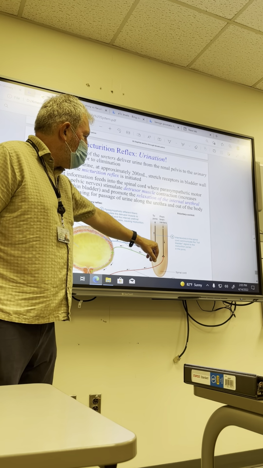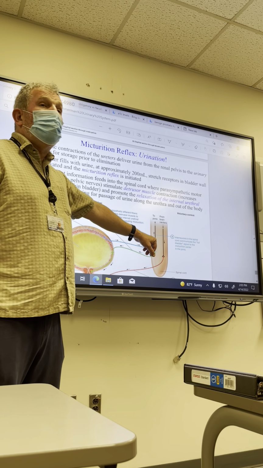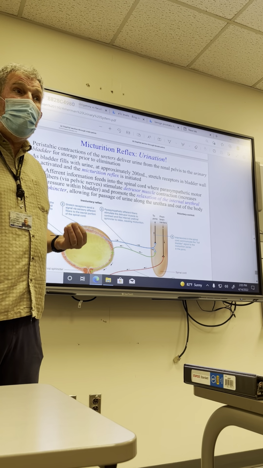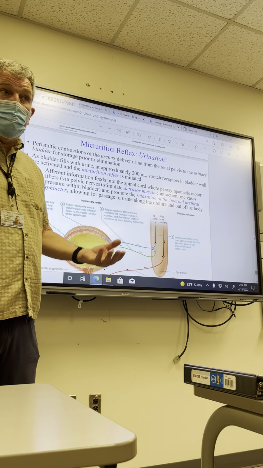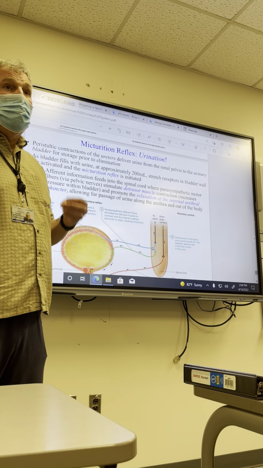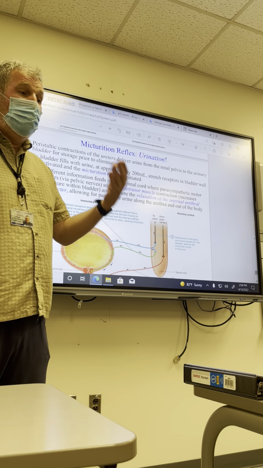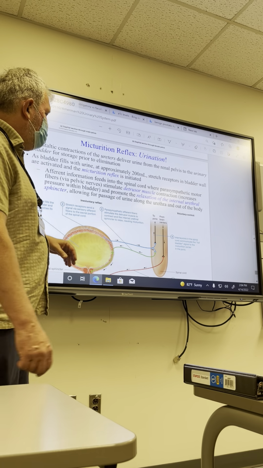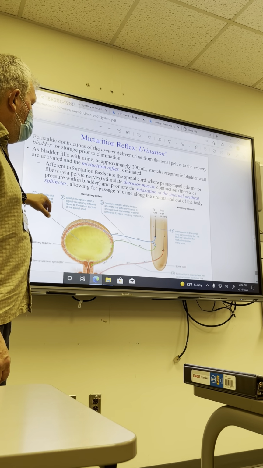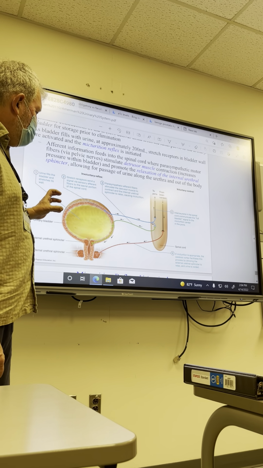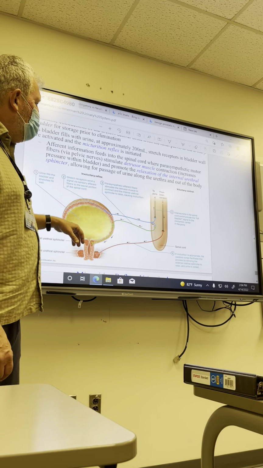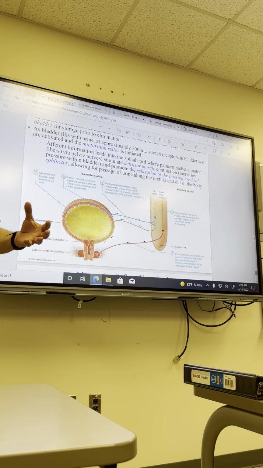They send signals right to the sacral region of your spinal cord, because this is a parasympathetic mediated effect. Just like defecation was parasympathetic, urination, micturition, is also parasympathetic mediated. So parasympathetic signals are going to stimulate the detrusor muscle to contract. That's going to trigger the internal sphincter to relax. And that's going to create a head of pressure that's going to drive urine out of your body.